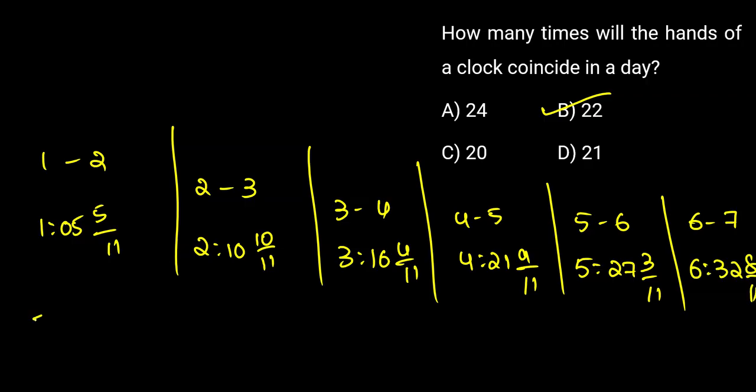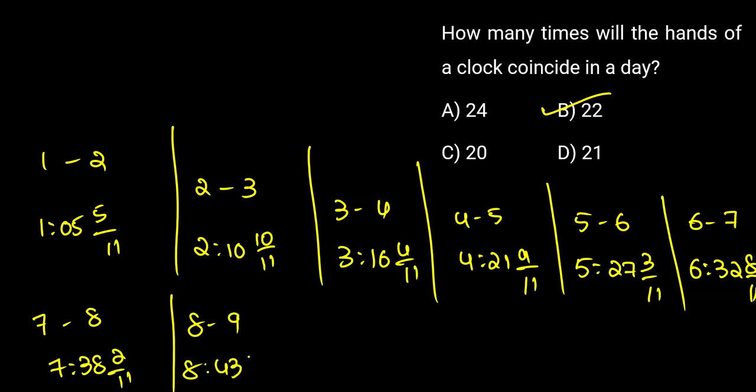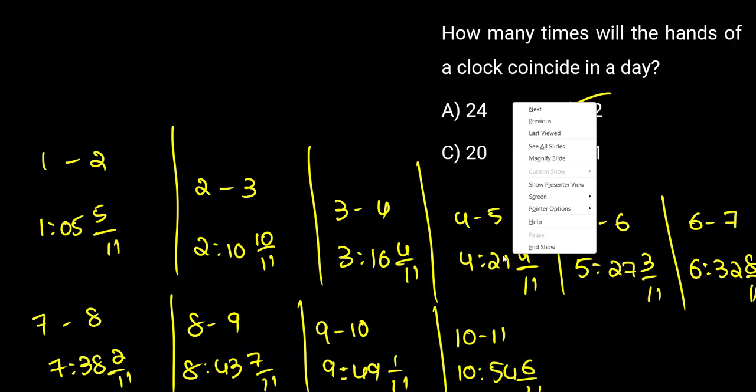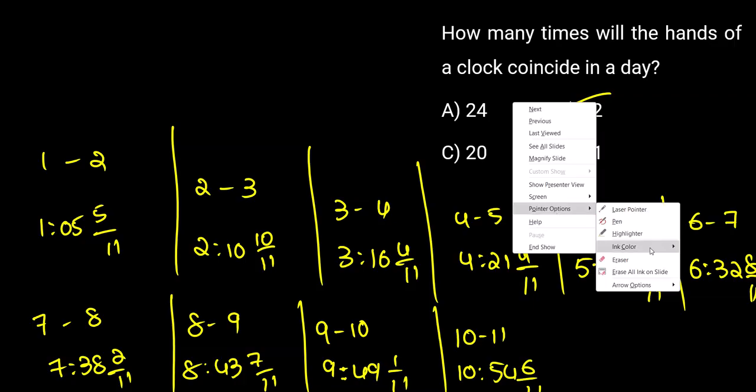This is not required, but just for your understanding: 7 to 8 is 7:38, 8 to 9 is 8:43, 9 to 10 is 9:49 and 1 by 11, then 10 to 11.